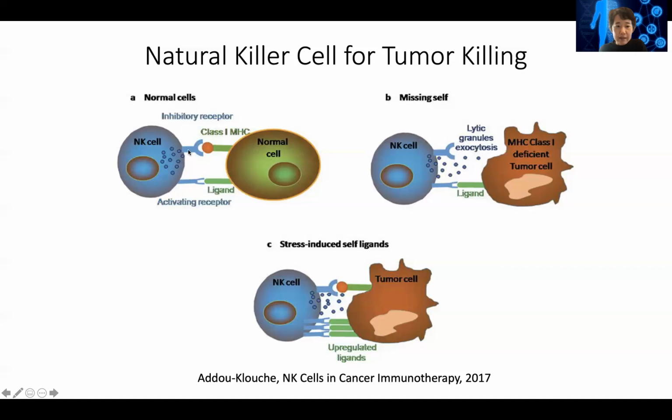If this is present, the receptor can recognize it and the NK cell does not get activated. And so if you don't have the suppressor, the NK cell will kill. Additionally, if the cancer cell is under stress, there are upregulated ligands, which will activate the NK cell even more, and the NK cell will still do the killing.